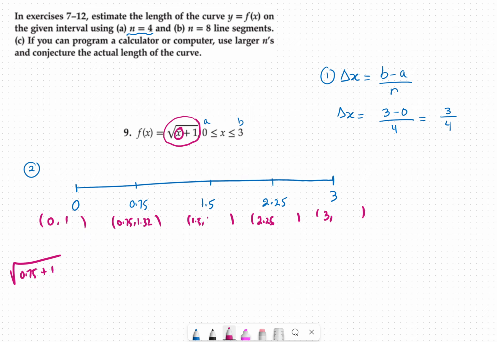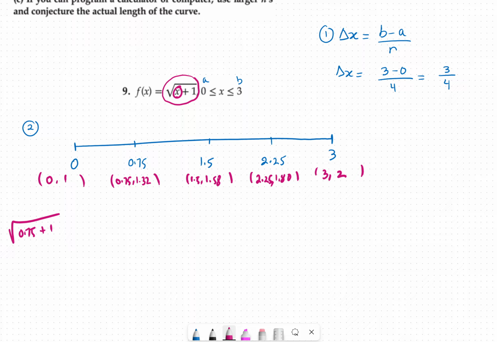That will give me 1.58. Then I will do with 2.25. That will give me 1.80. Then again I will do with the 3. 3 plus 1 is 4. Square root of 4 is 2.